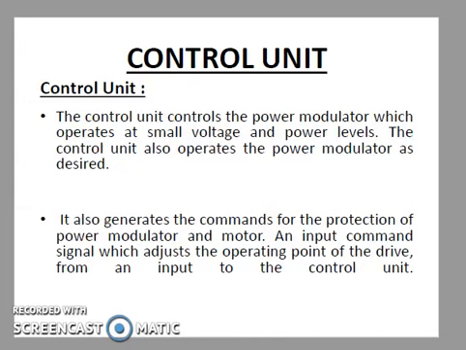It forms an input to the control unit. The control unit senses a certain drive parameter such as motor current or speed, which may be required either for protection or for closed loop operation of the electrical drive.